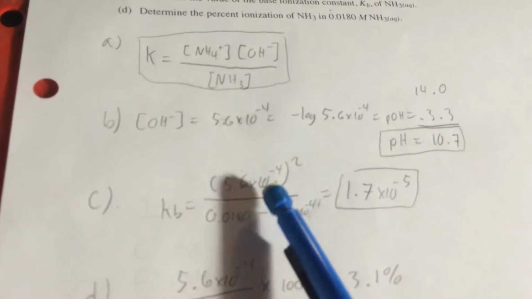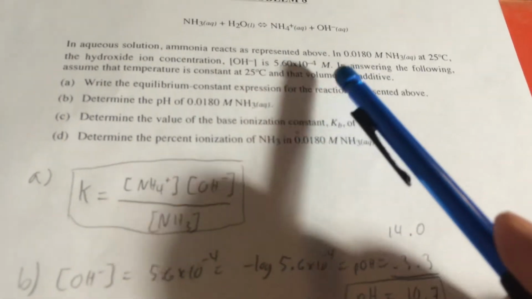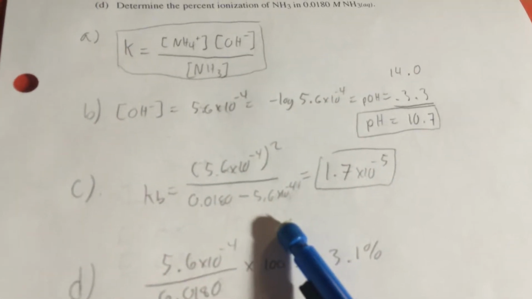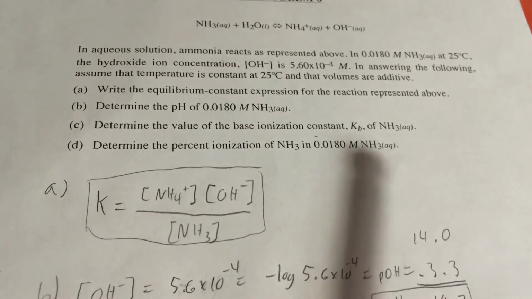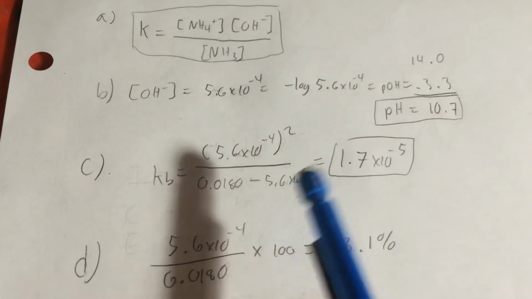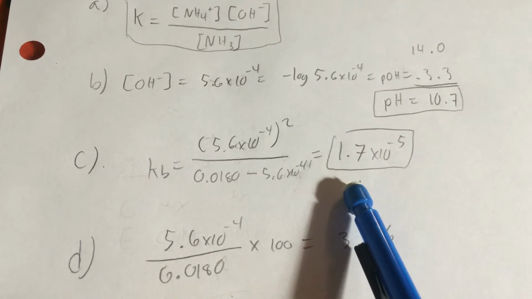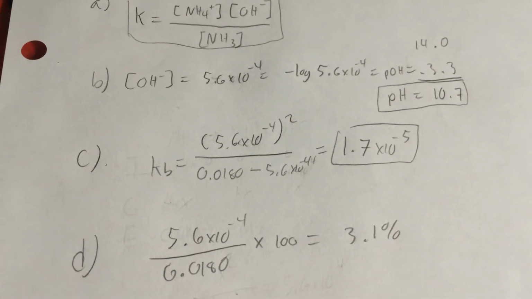So it's 5.6 times 10 to the negative 4 squared over the molarity of the NH3, which is 0.0180, and we subtract from it the concentration of OH minus, which is 5.6 times 10 to the negative 4. From here, I plug this into my calculator and I get 1.7 times 10 to the negative 5, and that would be Kb.